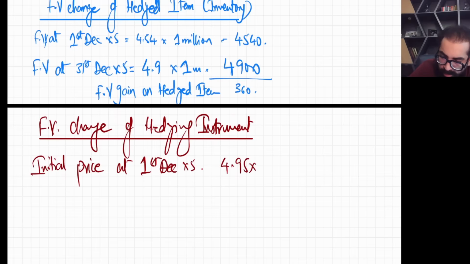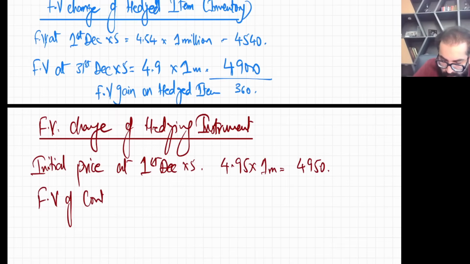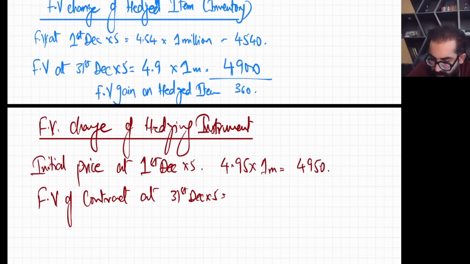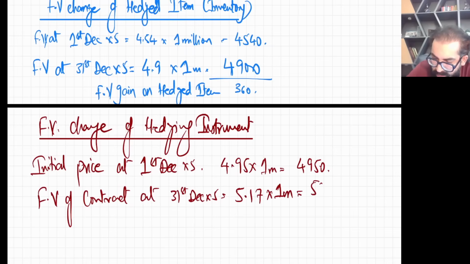So 4.95 multiplied by 1 million, so 4950. And the fair value of the contract at 31st December x5 is 5.17 into 1 million, which is 5170.